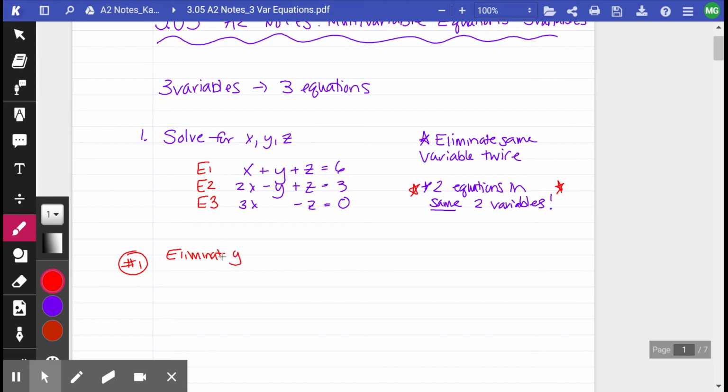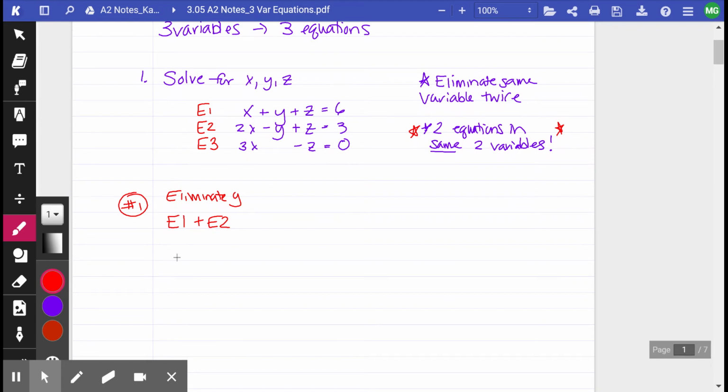So I'm going to take equation 1 plus equation 2, because you'll notice right away those have opposite signs and the same coefficient, so they're additive inverses of each other. It's the same process as when you've done elimination. It's like looking for a common denominator, and then you add the equations together once you get them to be the same number but opposite signs.